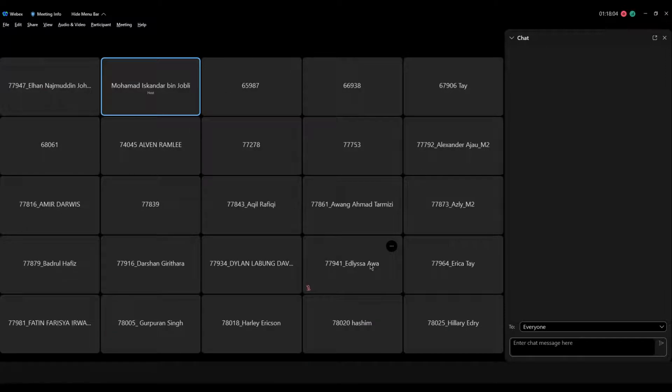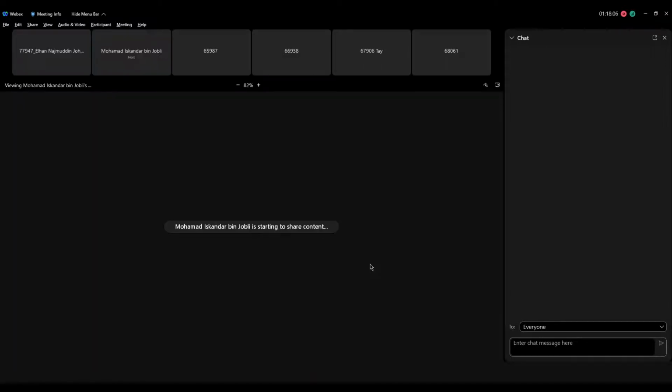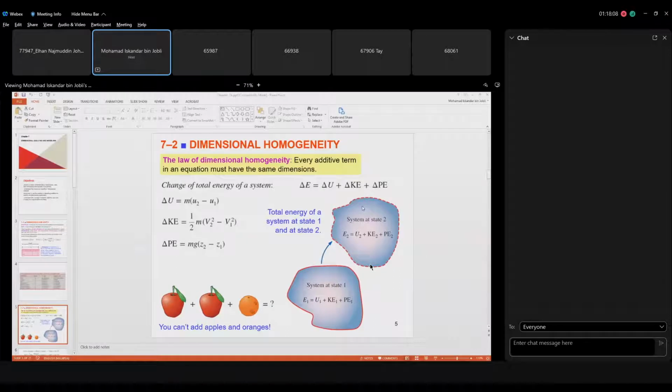Right, so that's basically what is meant by dimensional homogeneity. When you add all the elements of the equation, they must be of the same dimension, which will give you the same unit.